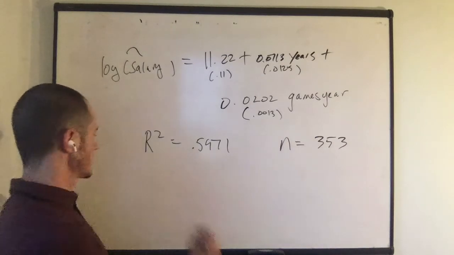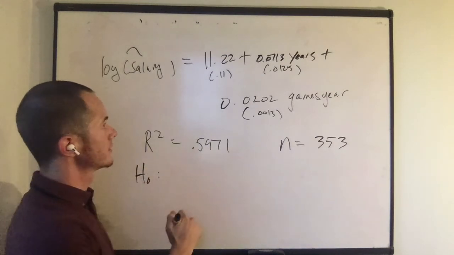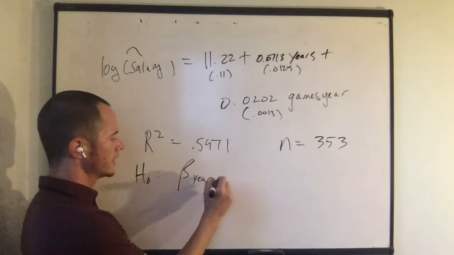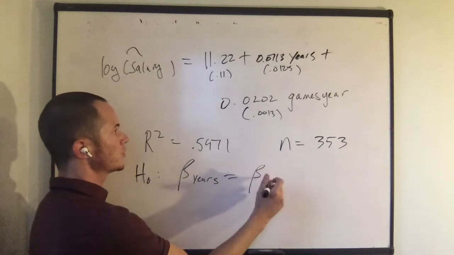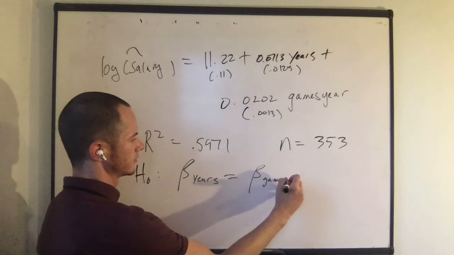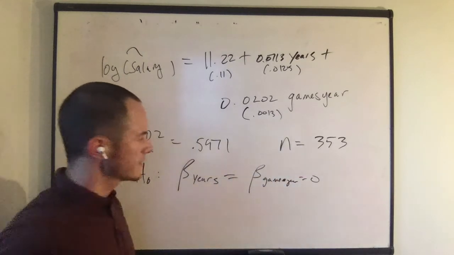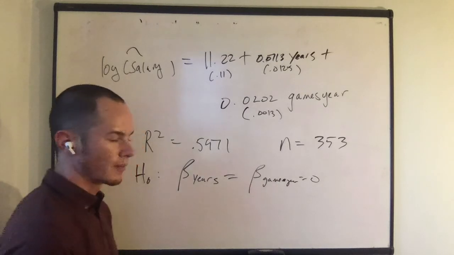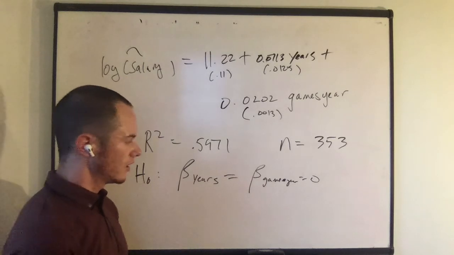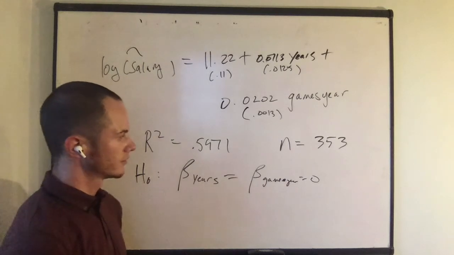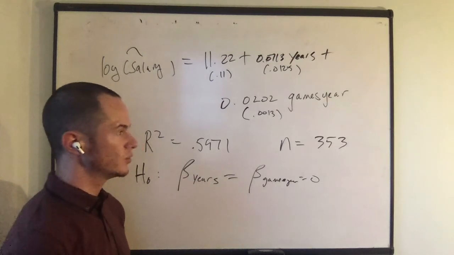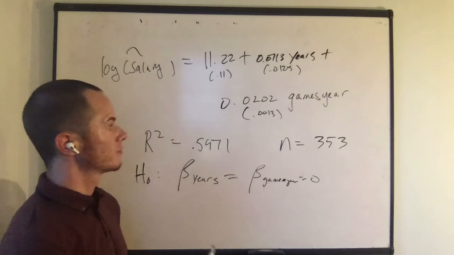And let's say that we want to test the null hypothesis that the beta, the coefficient on years, is equal to 0, and the coefficient on games per year is equal to 0. So this is a very pessimistic or very strict kind of null hypothesis, because we're essentially testing the hypothesis that none of the included variables are useful for predicting salary.